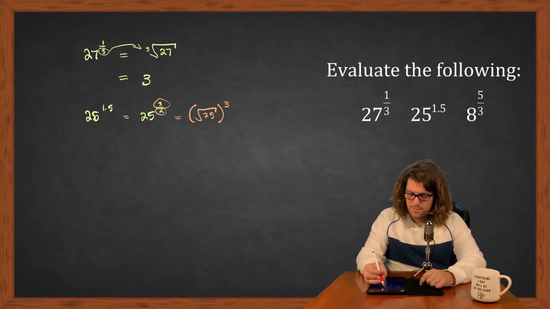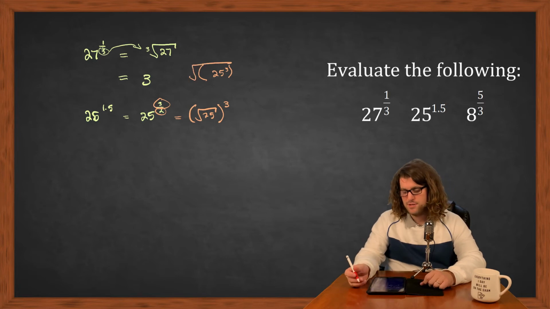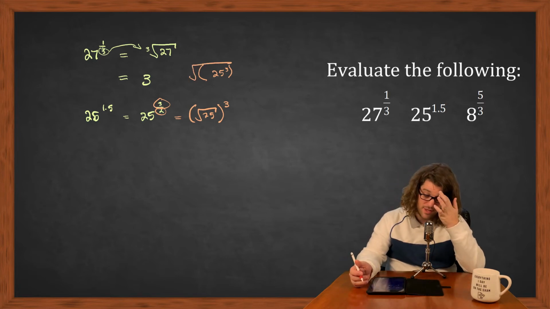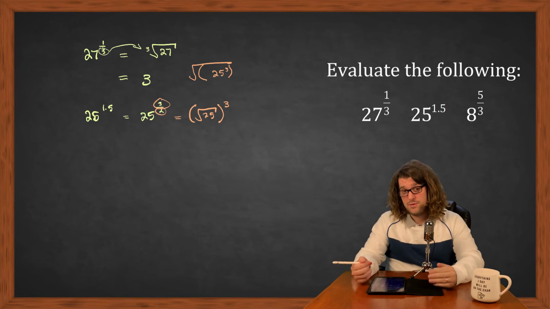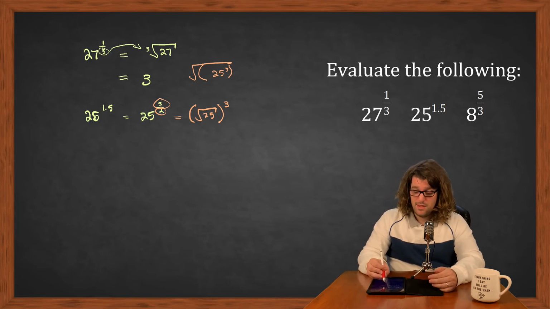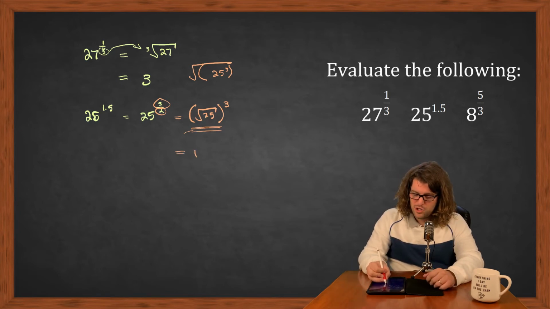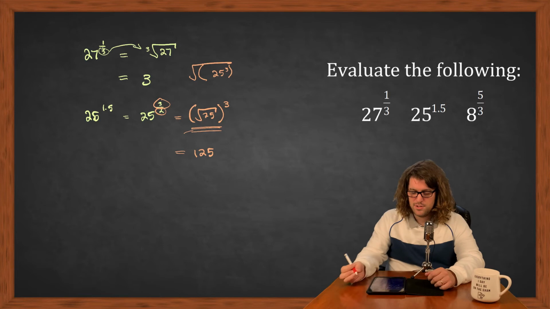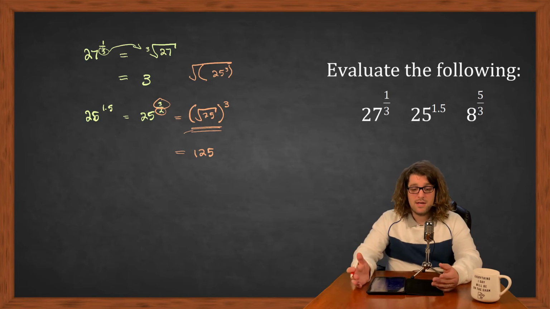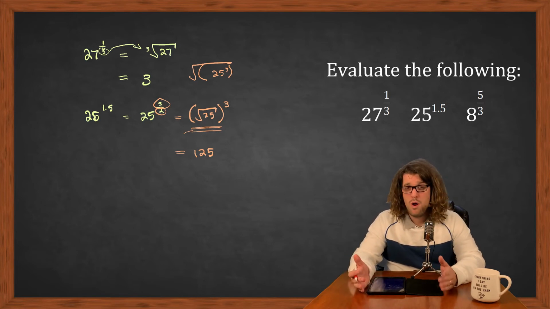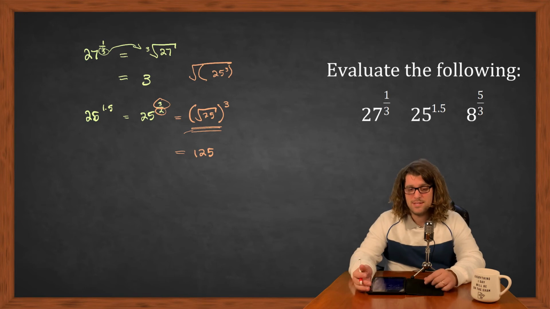Technically, I'm going to write it above, it is the same thing as cubing first and then applying the square root afterwards. Now, I didn't need a bracket inside there, but that's okay. So those things are equivalent. Mentally, this is much, much, much easier. So as we said, square root of 25 is 5. Cubed would be 125 as an answer.